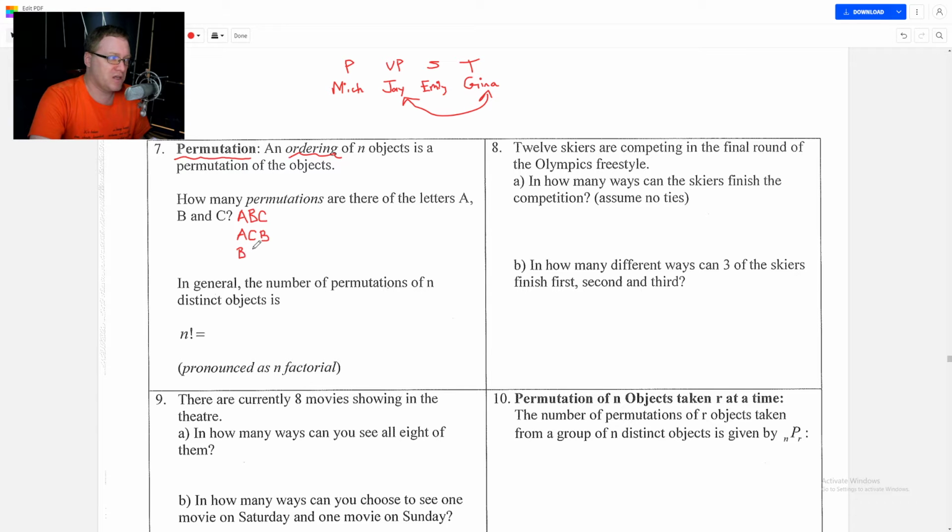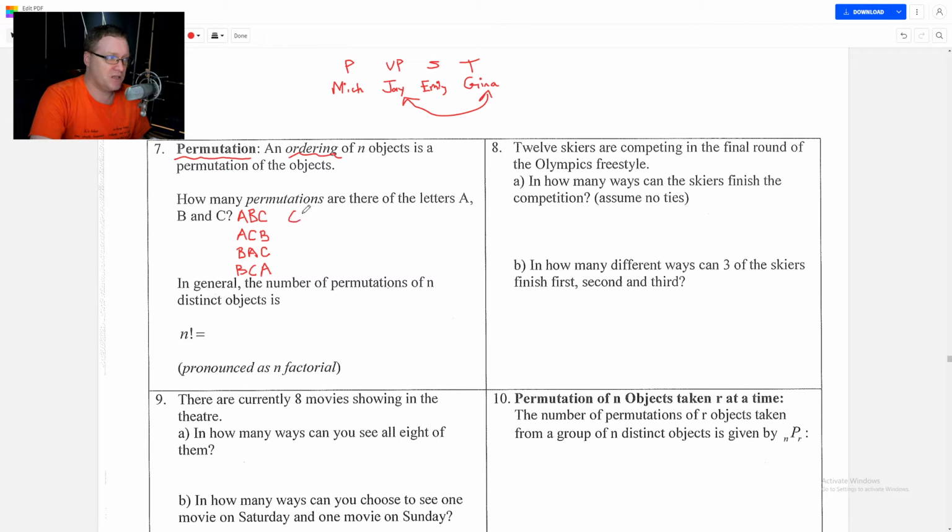So let's switch to B at the beginning. We could have B, A, C, or we could have B, C, A. Could I have another B? No, there's no more B beginnings because these are the only two that are possible.